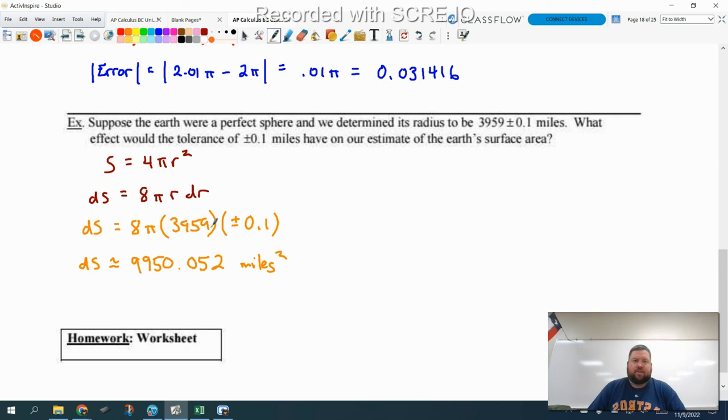All right, and just so we can do a comparison again, let's find our true change. So we'll do delta S. So S1 would be equal to 4 pi times 3,959 squared.